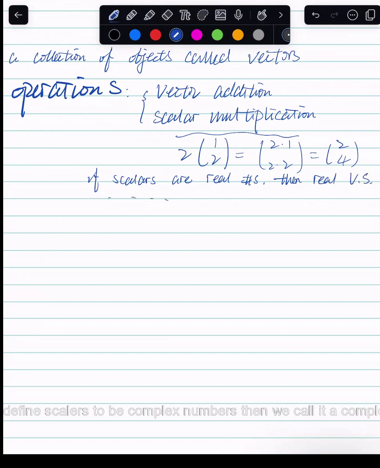And if we define scalars to be complex numbers, then we call it a complex vector space.